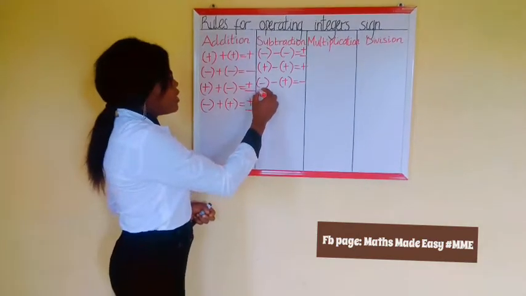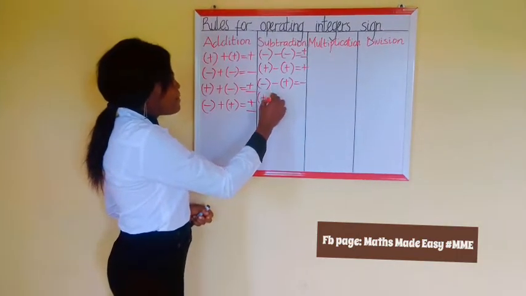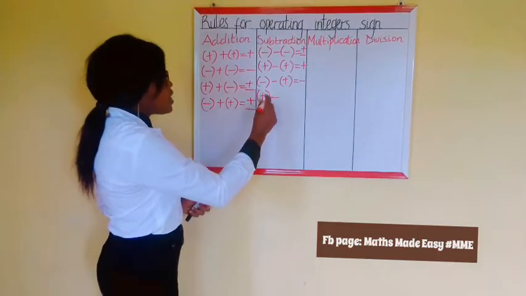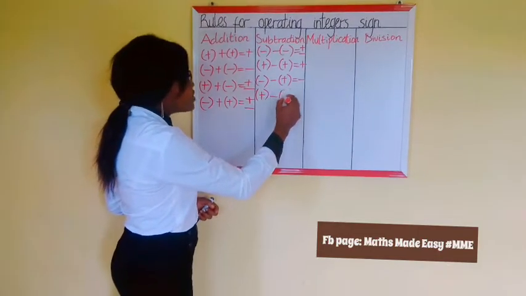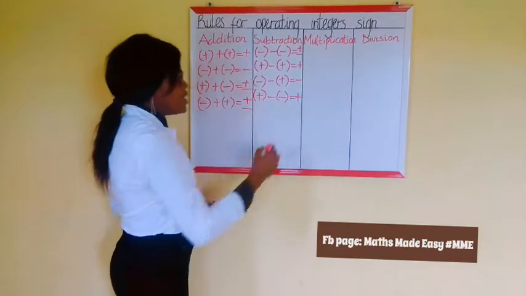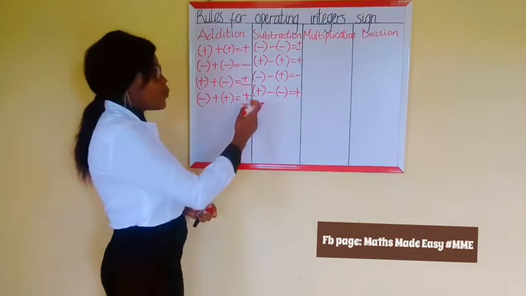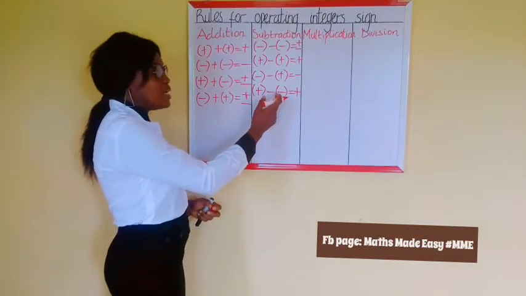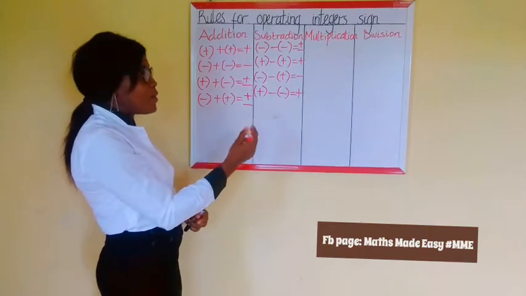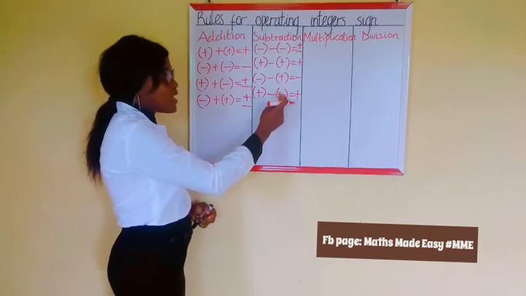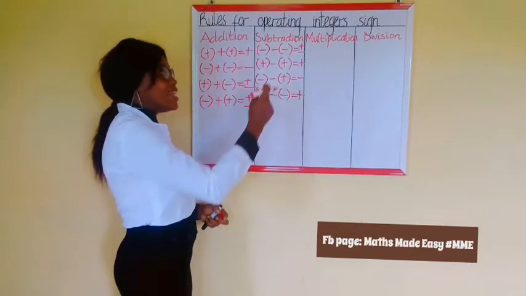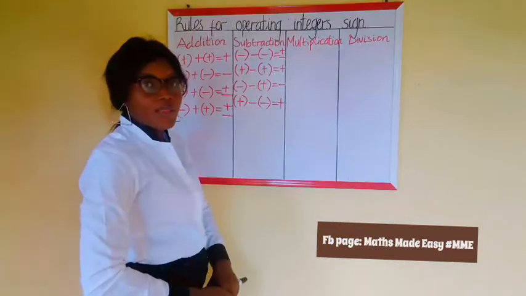Here, when we have a positive number minus a negative number, it will give you a positive answer. Remember, when minus multiplies minus, you will get your plus. How do I get this? Let's move on to multiplication.